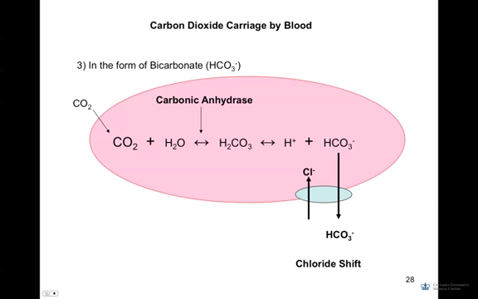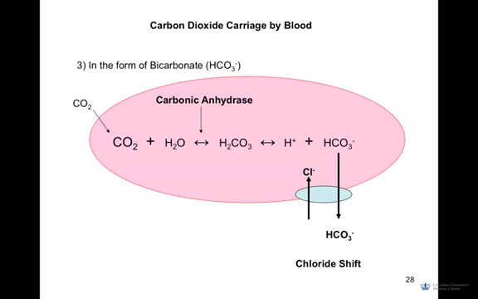So what we're looking at, this big red oval, is meant to represent the red blood cell, and CO2 over here is sitting in the plasma. Okay? And this is the amount of CO2 that's physically dissolved in plasma, which is measured by the pCO2.